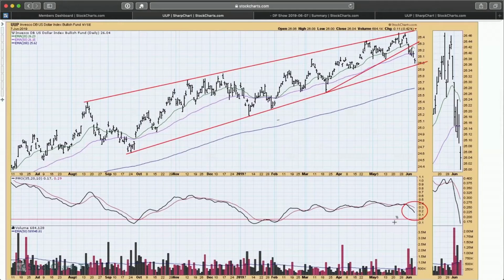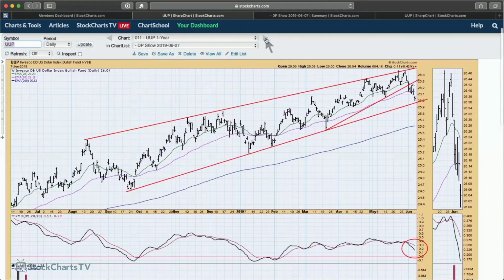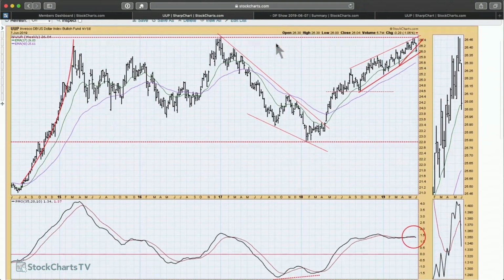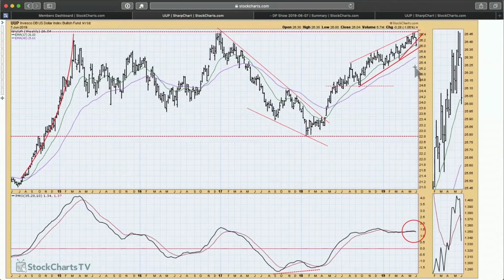Let's try the weekly. And now we see why the reversal: we have very long-term resistance. As I said, that resistance line goes back to 2008.